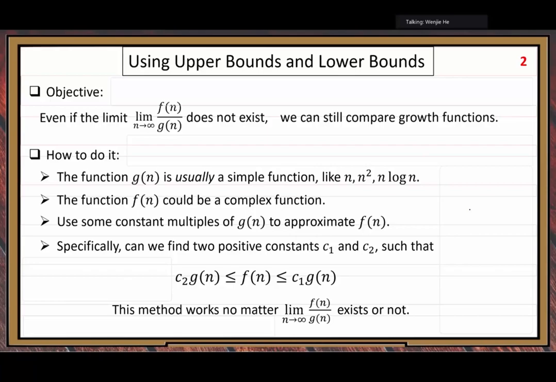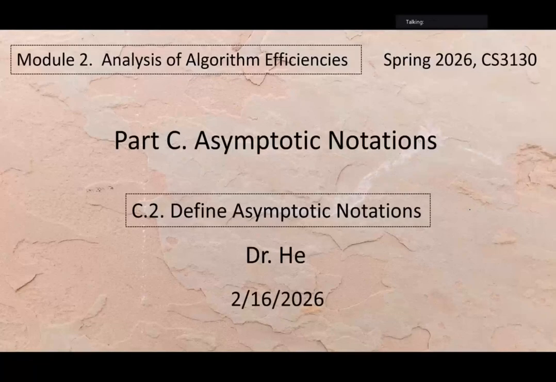Next, we need to look at the definition of asymptotic notations. That part is a pretty abstract definition. So we will look at the 3 definitions, but the first one is the most important.